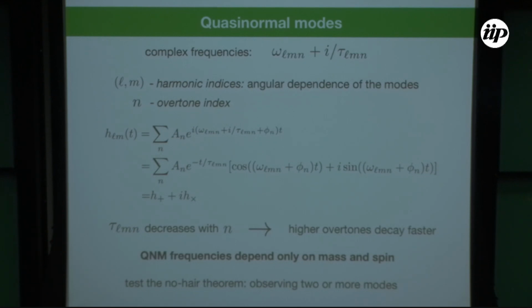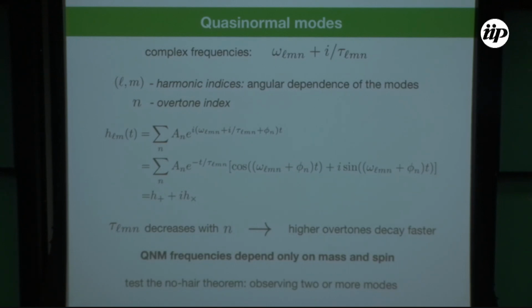And if we expand in terms of a real part and an imaginary part, we have two exponentially decaying functions, and we associate the real part with the plus polarization and the imaginary part with the cross polarization. This polarization Max told a little bit about in the first class.